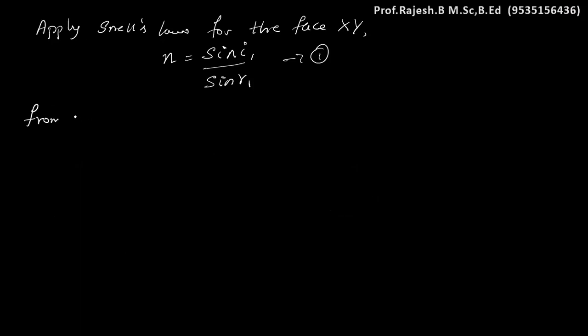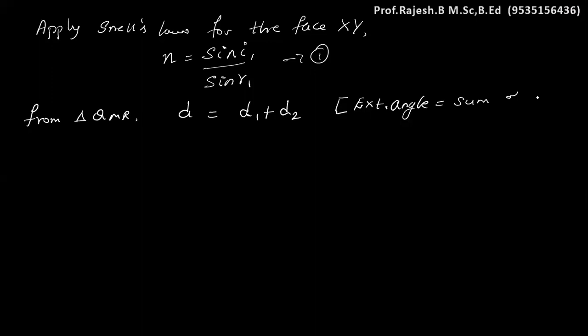So from triangle QMR, we can write that D is equal to D1 plus D2. Reason: exterior angle is equal to the sum of opposite interior angles.